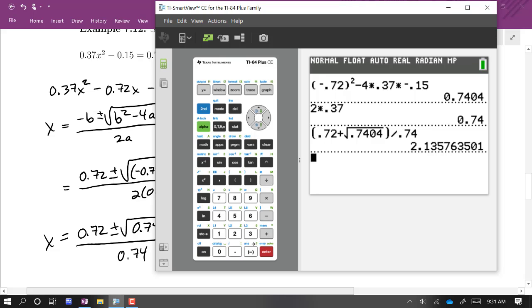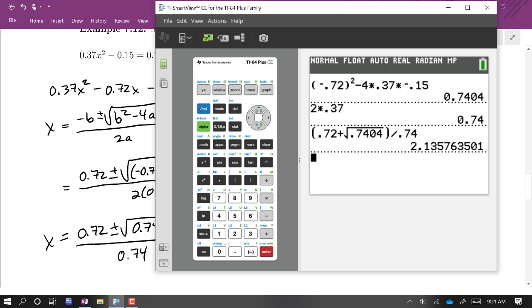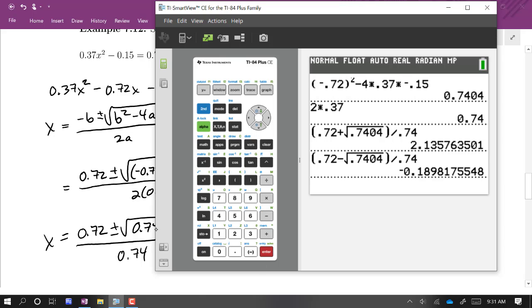And that's 2.136. And I'm going to just bring up my entry, change that to a minus. Negative 0.1898.